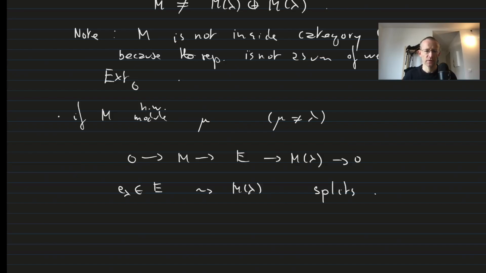So therefore, Ext of M lambda by M is 0.